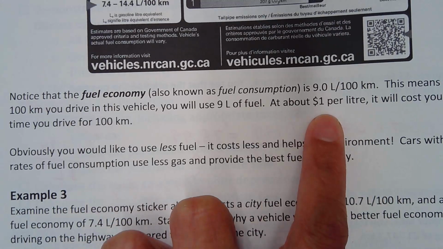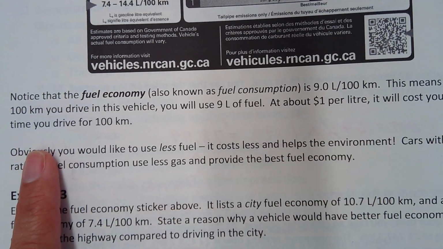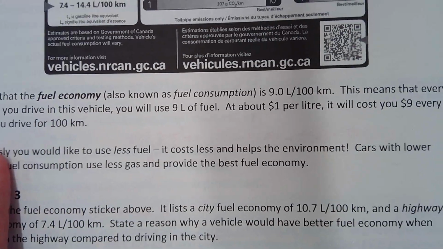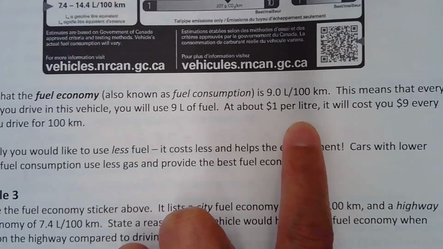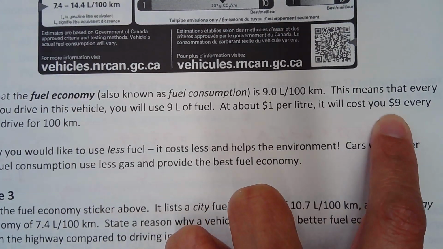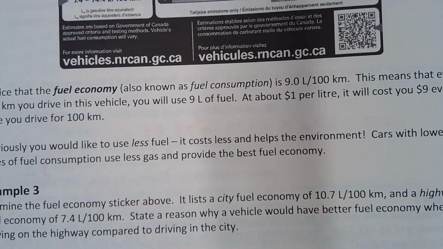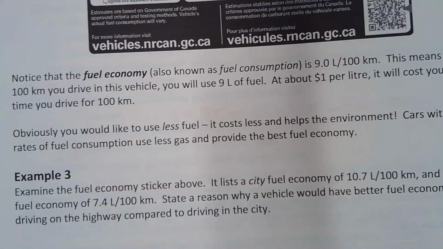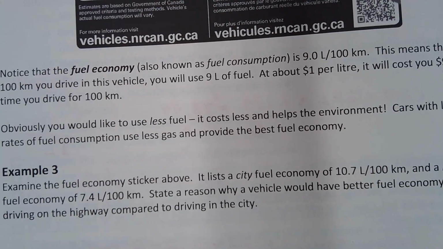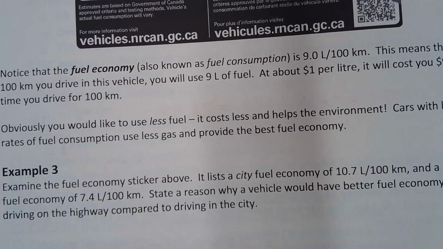At about $1 per liter, it will cost you $9 for every 100 kilometers. So we'll talk about the calculation later. Obviously, you would like to use less fuel, right? Because it's good for your pocket and it's good for our environment.